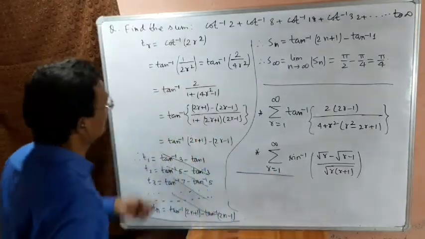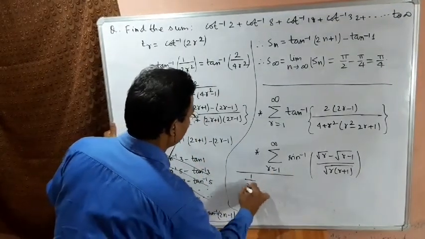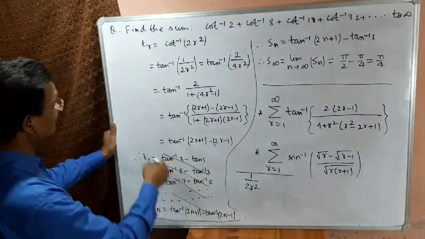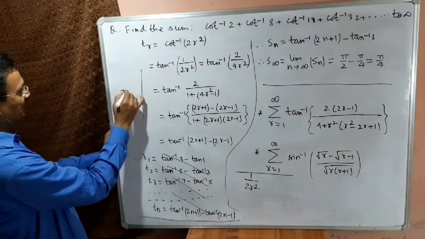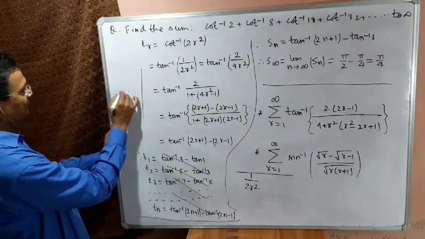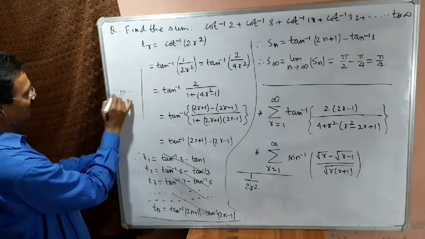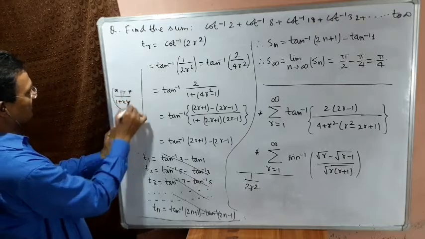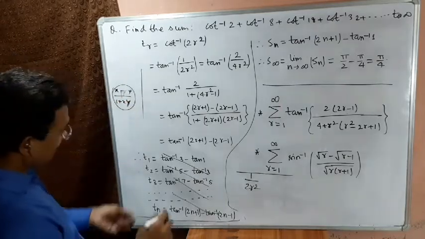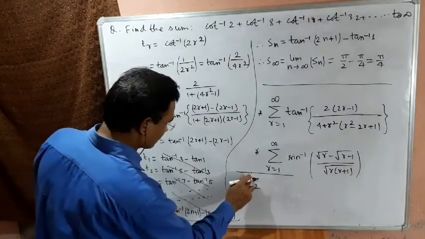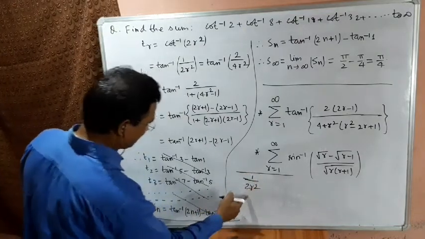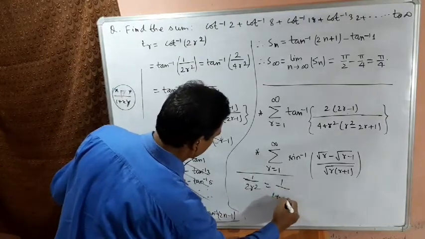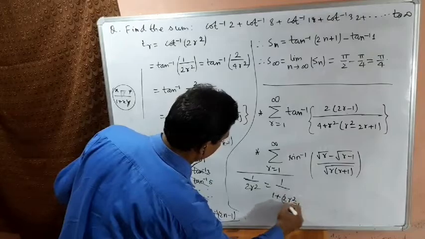See here, this is 1 by 2r square, and we have to express this as something minus something, meaning x minus y by 1 plus xy, in this form. At first glance, our mind may think that in the denominator we require 1, therefore 1 by 1 plus (2r square minus 1).